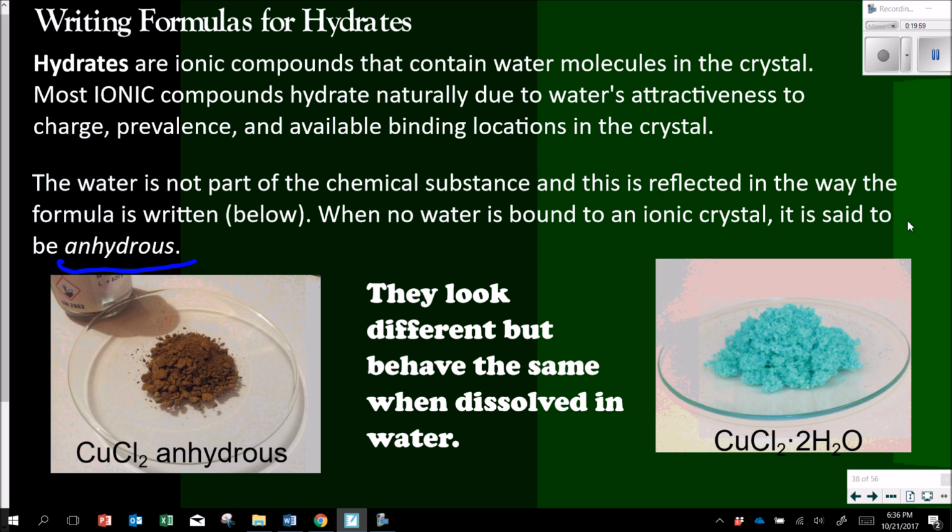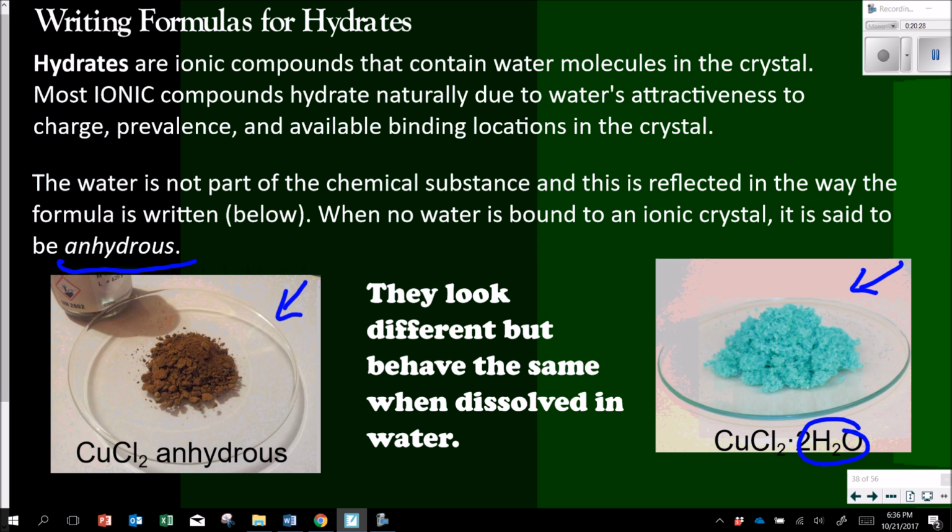So if we look at the 2 pictures below, we have copper chloride anhydrous on the left, which is a brownish color, and then we have copper chloride hydrated with 2 water molecules on the right, and it is a completely different color, blue. They look different, but they behave the same when dissolved in water.